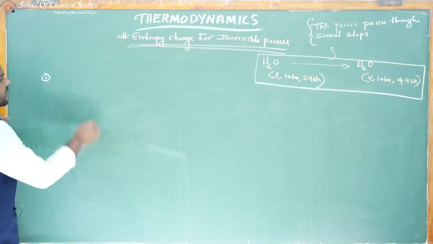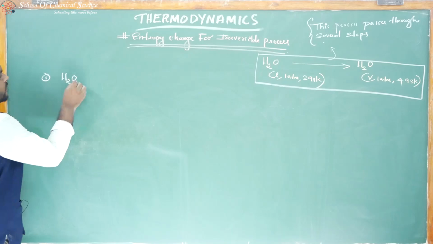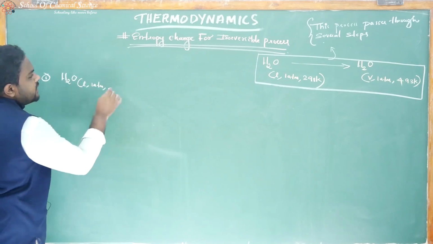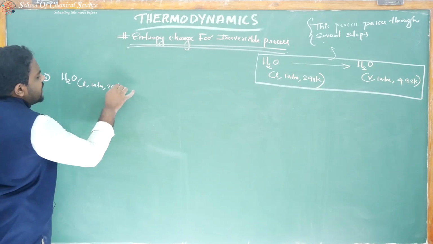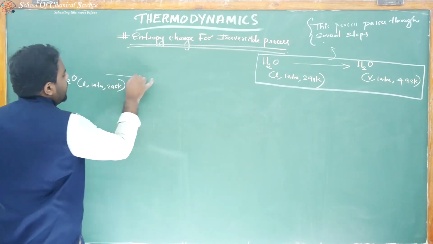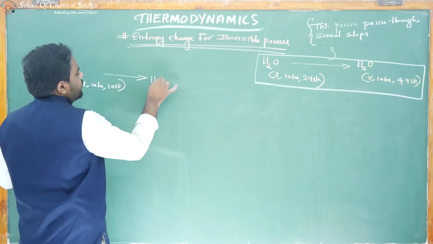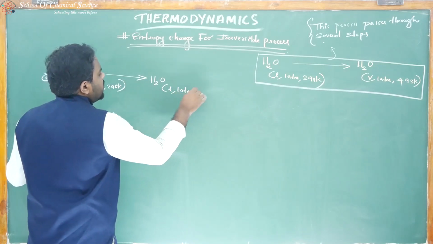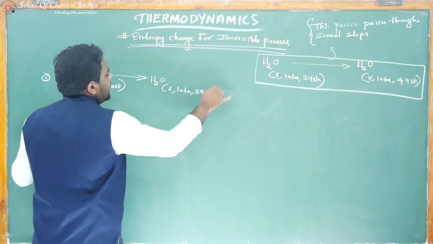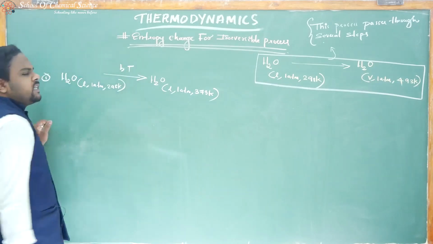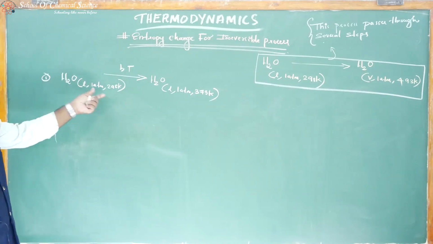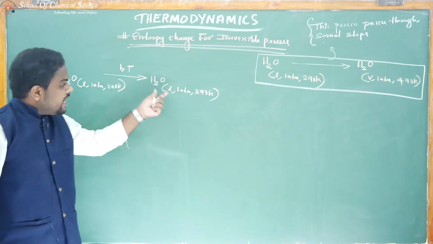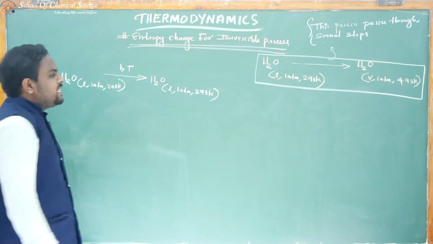In the first step, H2O liquid at 1 atm and 298 Kelvin temperature is converted into H2O liquid at 1 atm pressure at the boiling temperature, 373 Kelvin. So initially the water at 298 Kelvin is converted into 373 Kelvin, 100 degrees Celsius. Here also the water is in the liquid form. So that is the first step.